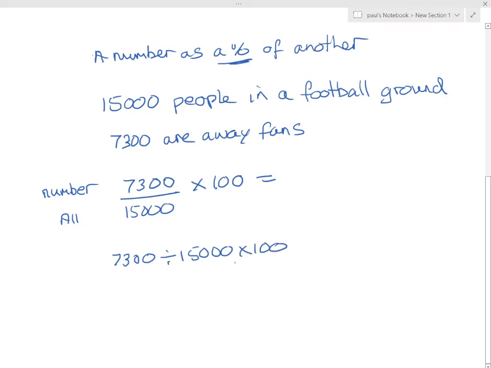So 7,300 divided by 15,000 times 100 equals 48.6 recurring percent. So that's how to find a percentage, or express a number as a percentage of another.